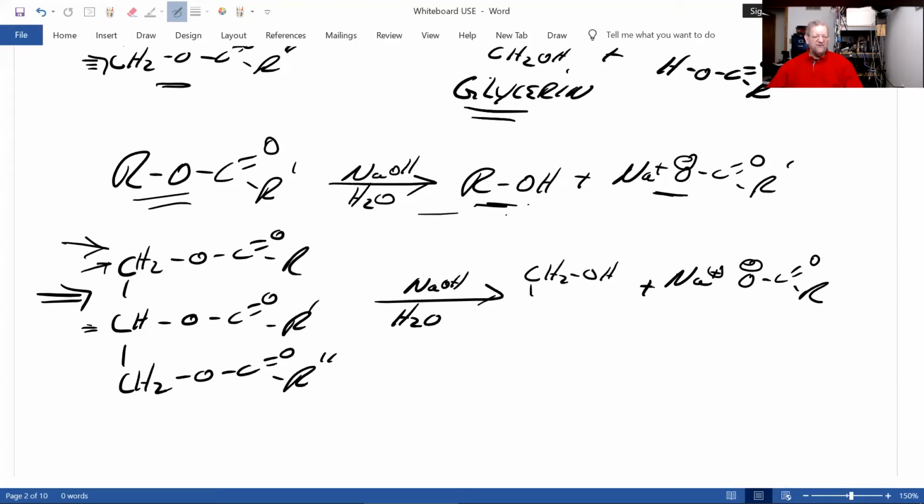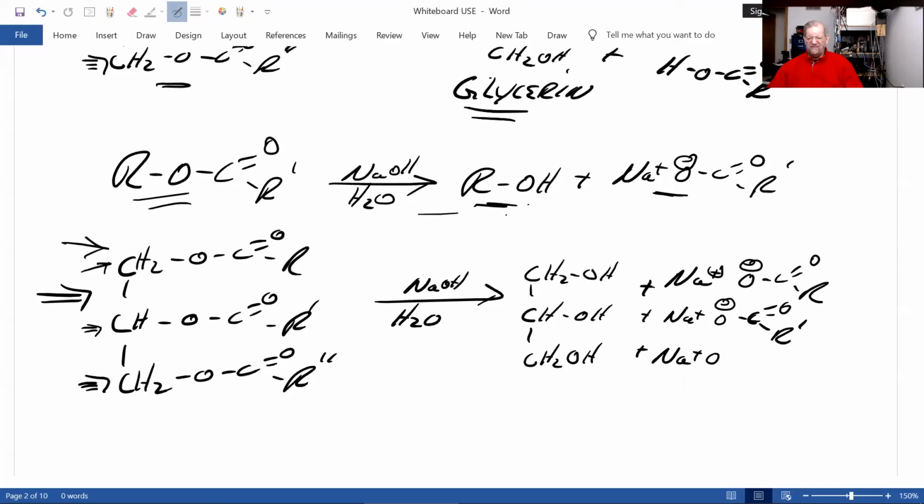Ester number 2, you'll get back this alcohol plus this carboxylate anion. And finally, ester number 3, you'll get back this alcohol plus this carboxylate anion. And that's saponification of an ester.